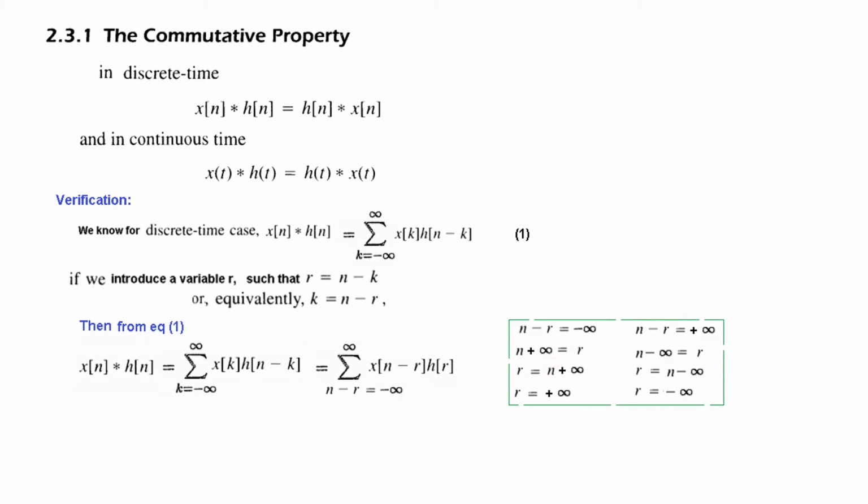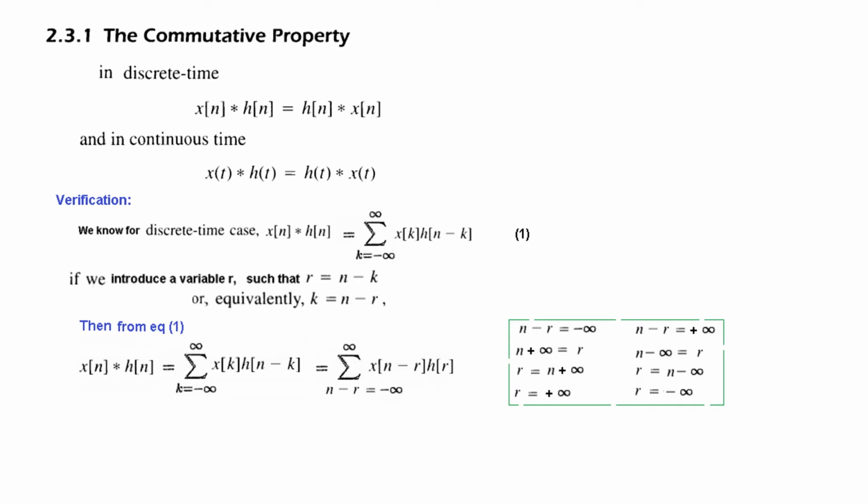Now anything added with infinity will become infinity, therefore the limit of r will become positive infinity. So this was for the bottom part. So we can replace this with r equal to positive infinity.